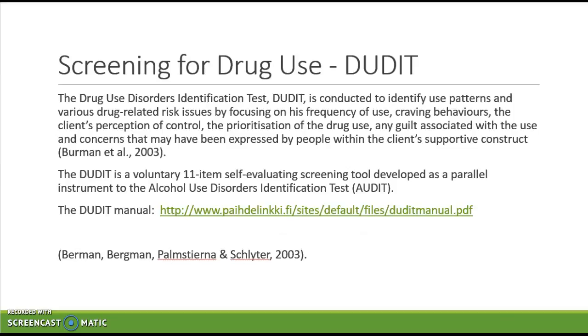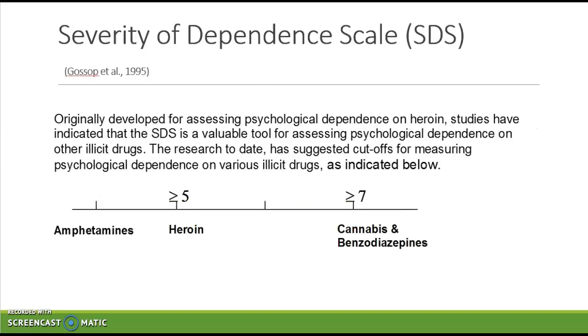They've also developed something called the Dudit, and Berman and colleagues developed this back in 2003, and it's basically along the same principles as the Audit, but it's looking at drug use in particular. So that's something to follow up as well for your assignment. There's another tool called the Severity of Dependence Scale. It was originally developed for assessing psychological dependence on heroin.